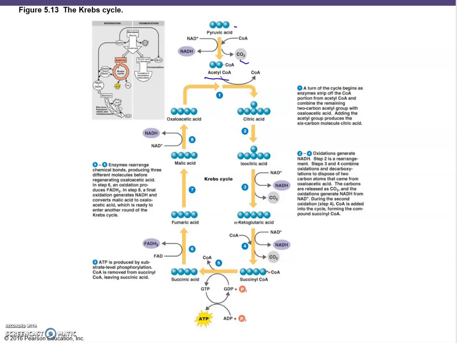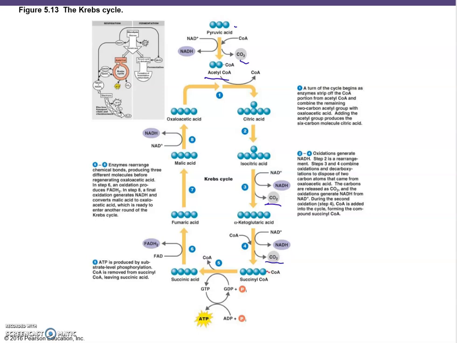So again, oxaloacetic acid, 4 carbons, plus the 2 carbons from the acetyl-CoA makes 6-carbon citric acid, which then gets oxidized step by step. We will be removing 1 carbon here when we go from isocitric acid to ketoglutaric acid. So 1 carbon is leaving right here, and then there's another carbon leaving right here.